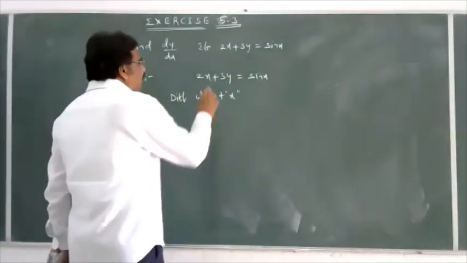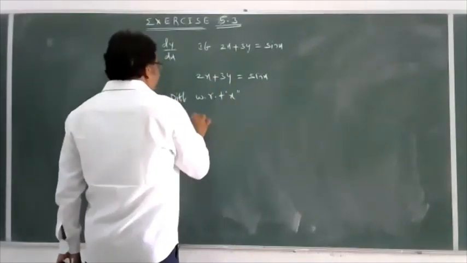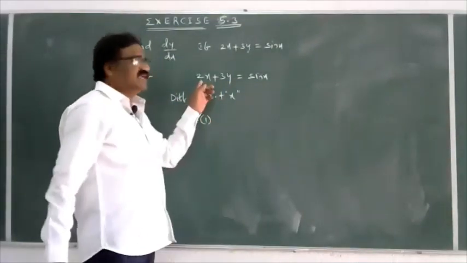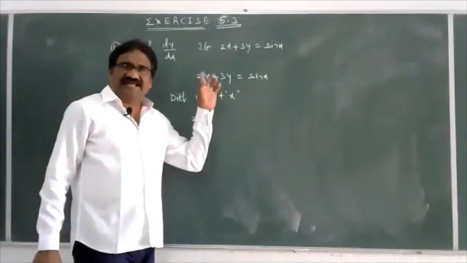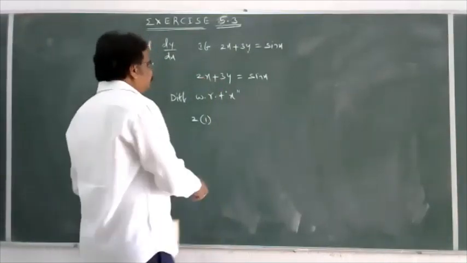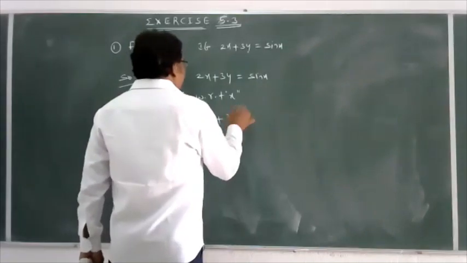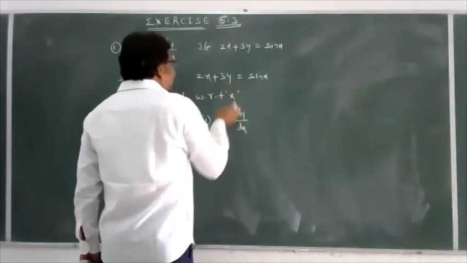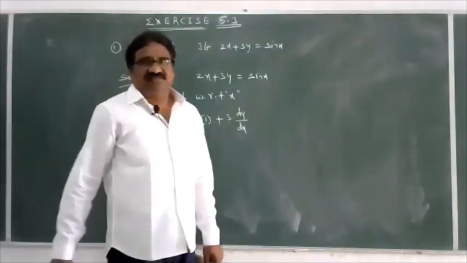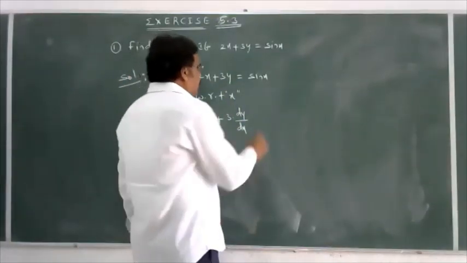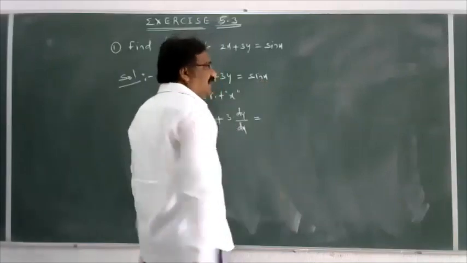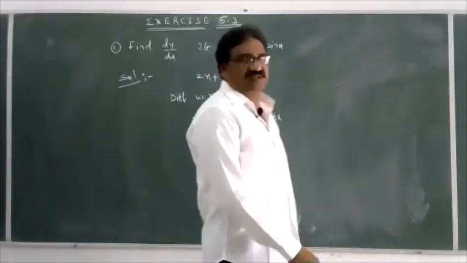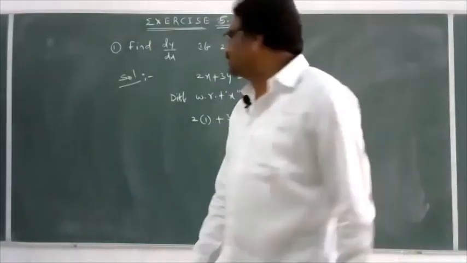So differentiating with respect to x, here 2 into x derivative 1, 2 is the constant, plus 3 into y derivative with respect to x, that is dy by dx, is equal to sin x derivative, which is cos x.